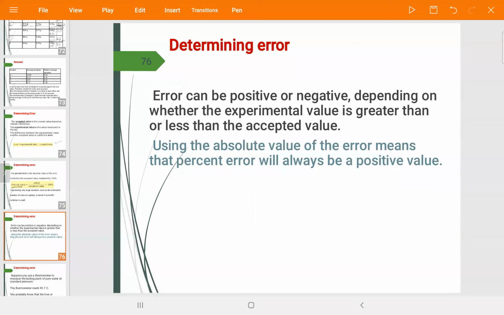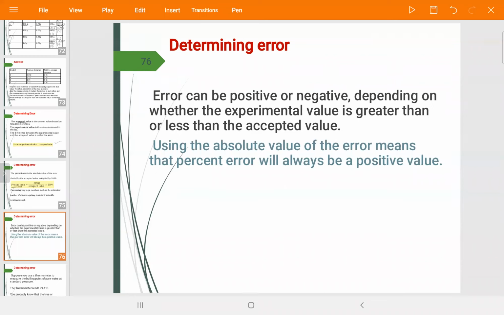Remember, error can be positive or negative because it depends on the experimental value. If the experimental value is less than the accepted value, the error will be negative. And if the experimental value is greater than the accepted value, the error will be positive.